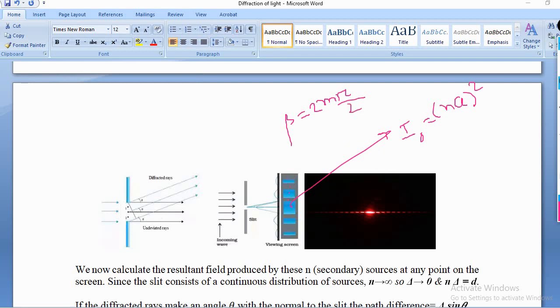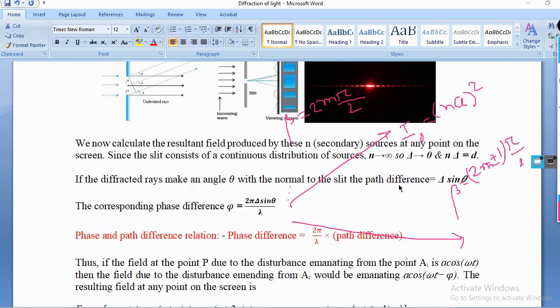And the last case, obviously, if this is m pi by 2, this will be the reverse case for the maxima. Which maxima? The secondary maxima. In these cases, beta is given as 2m plus or minus 1 pi by 2.